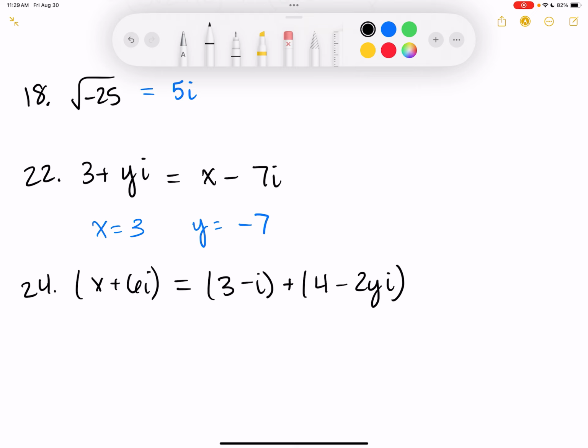Combine the right side. Okay, how? 7 minus 2yi minus i.